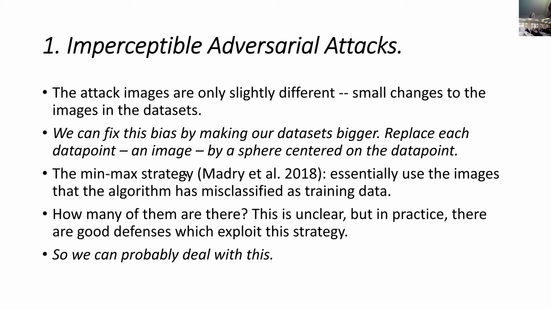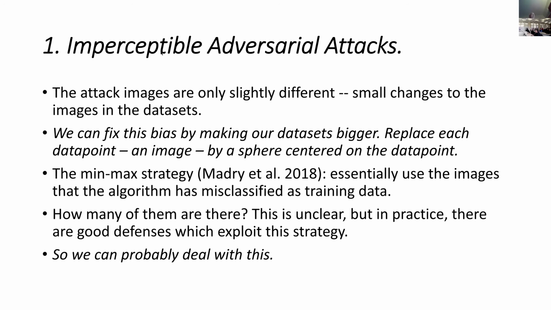And we use the min-max strategy that Aleksander Madry at MIT has given a nice theoretical justification for, and essentially use the images that the algorithm has misclassified as training data. So this makes the data set bigger. How much bigger do you have to make it? This is unclear, but in practice, when people do experiments like this, there are now fairly good defenses against these imperceptible adversarial attacks. And so maybe the data set doesn't have to be enormous in order to deal with those attacks.